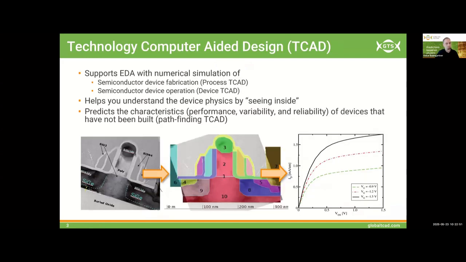TCAD itself has been for the longest time a supporting approach to the EDA world by giving insight to the semiconductor device fabrication beforehand using process TCAD, or the device operation of the finished or the designed device using device TCAD. And it helps to gain the understanding of the intrinsic physics of the devices or small circuits.